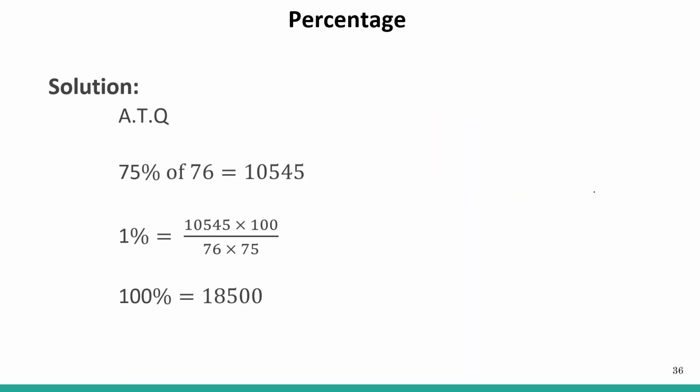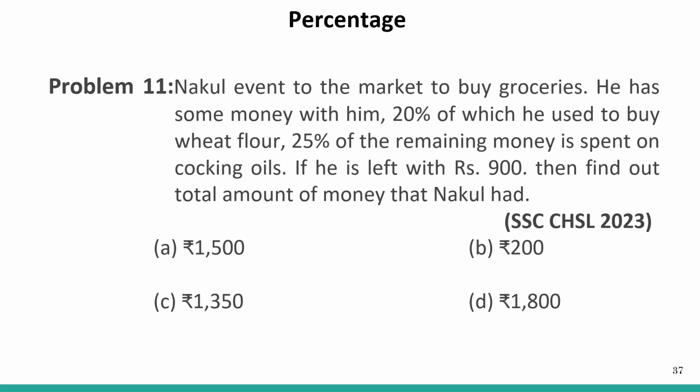Okay. So 75% of 76 is equal to what? 10,545. So 1% will be what? So 75% is this. So 1% will be this into this. Okay. So 100% is equal to 18,500. So let's see problem number 11.